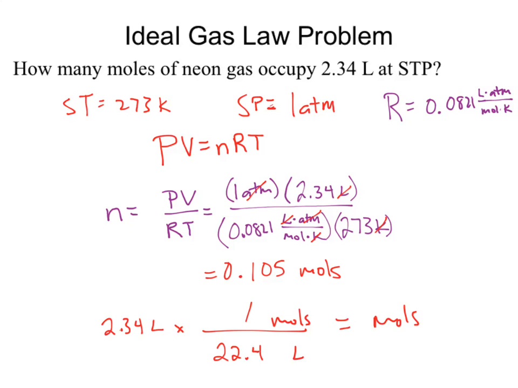Because this equation is always true, not just at STP, at all temperatures, at all pressures. There is nothing else to memorize except PV = nRT, because the gas constant undoubtedly is given to you, unless your instructor is really mean, in which case I apologize. I'm sorry for you. But almost always that gas constant is supplied for you.